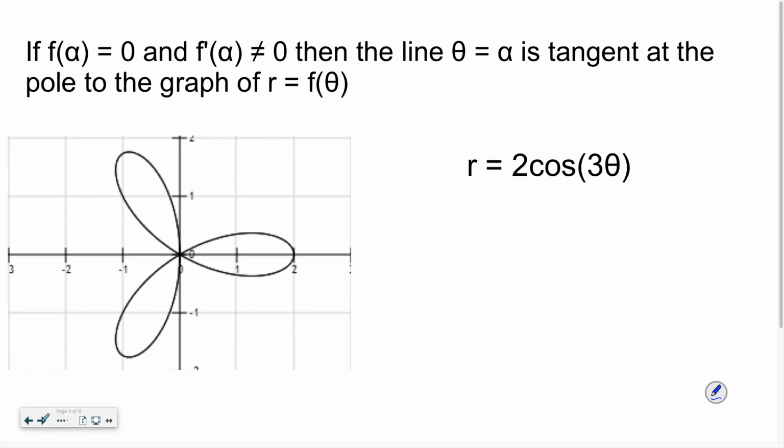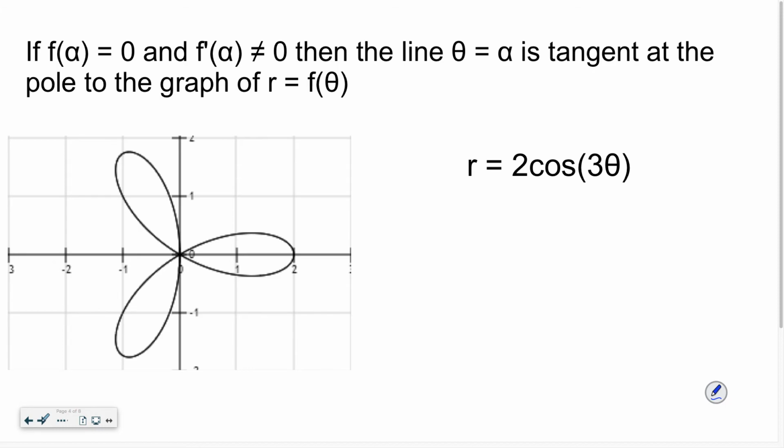Think of dy dx. We're talking about y changing over x, the change of y over the change of x. So dr d theta is describing the change in r over the change in theta. So r is changing as our angle is changing. Are you with me? Yes.